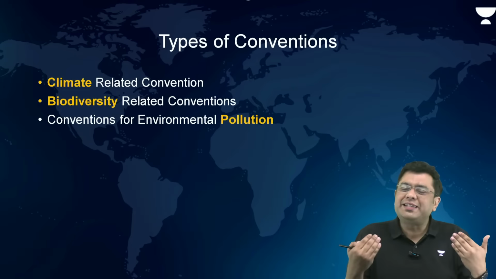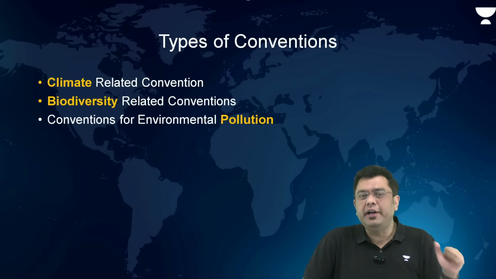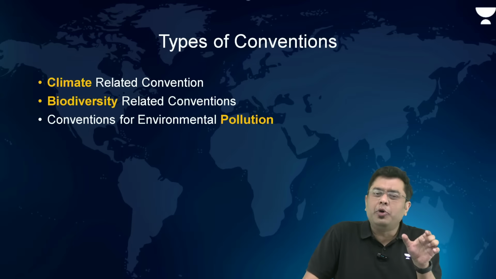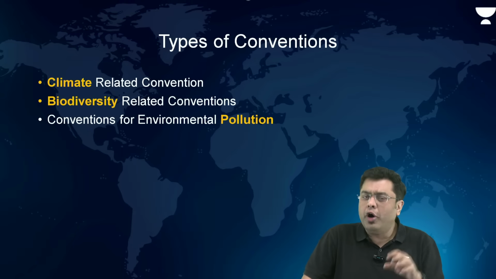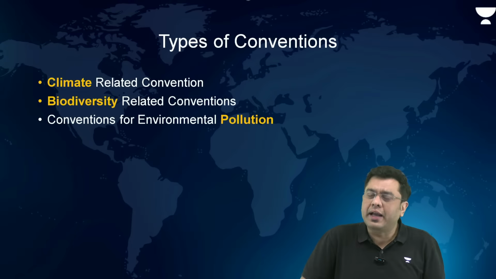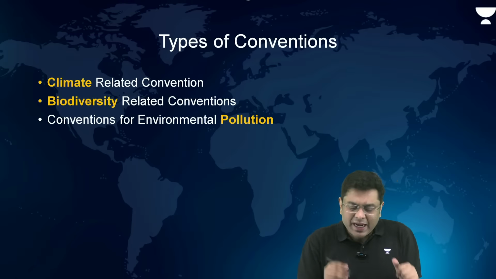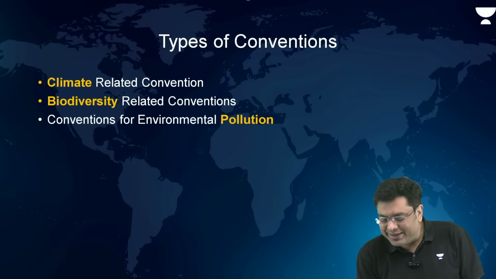So all of it stems from the Stockholm Conference in 1972. That Stockholm Conference of 1972 on man and environment, that is considered to be the mother of all the environmental actions and environmental conventions.